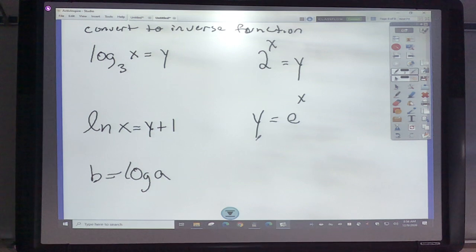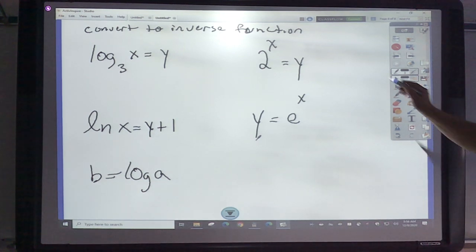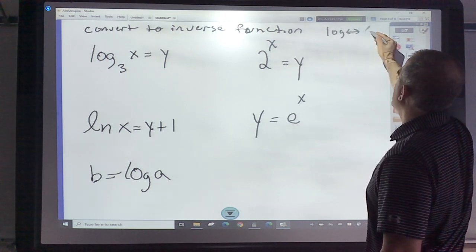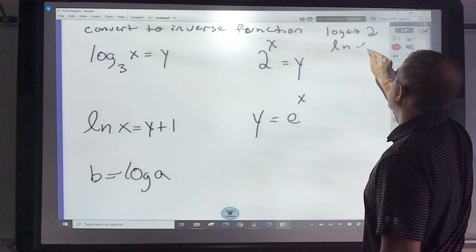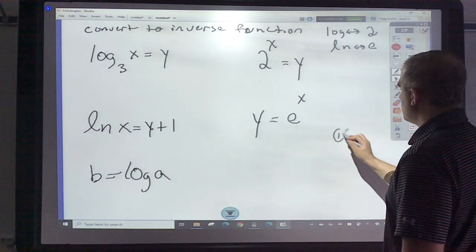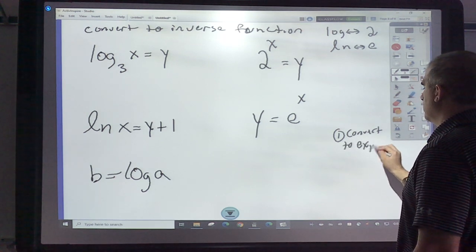So the basic concept of the inverse function is regular logs are inverses of exponentials, and natural logs are inverses of e. So the first thing you want to do in this process is convert to the exponential function.